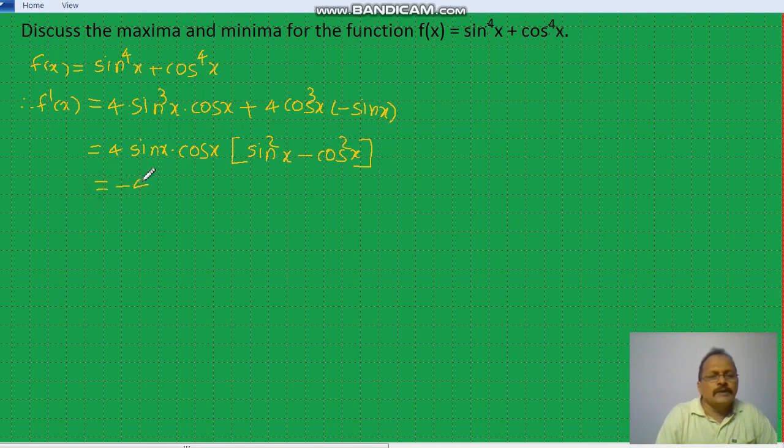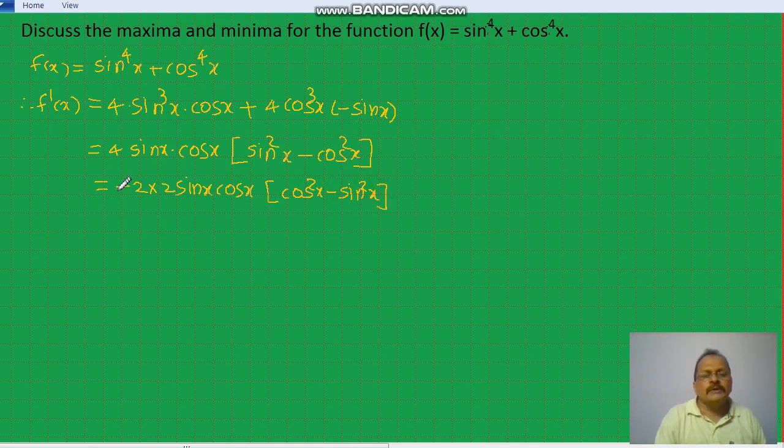Equal to minus 4. I can write this as minus 2 into 2 sin x cos x into cos square x minus sin square x, taking negative common and writing 4 as 2 into 2. This is because I want to use 2 sin x cos x is sin 2x, and also cos square x minus sin square x is the formula for cos 2x.